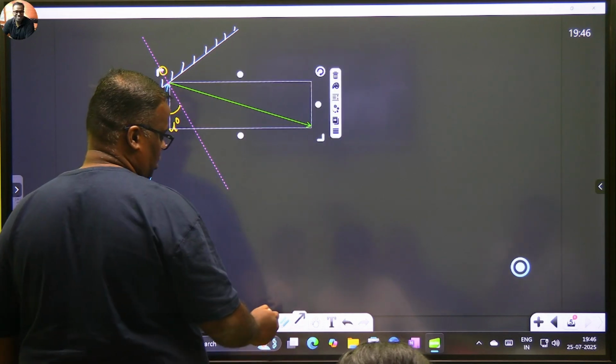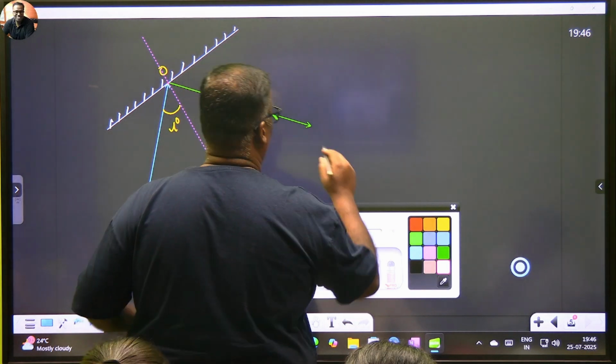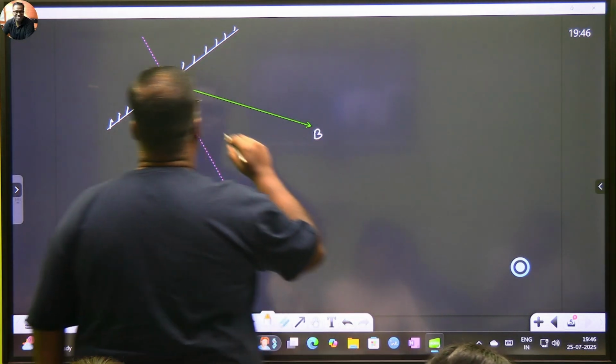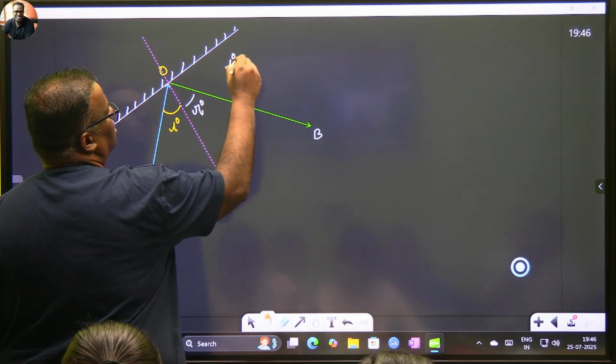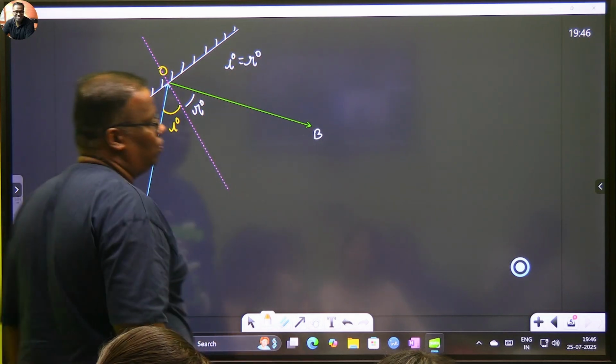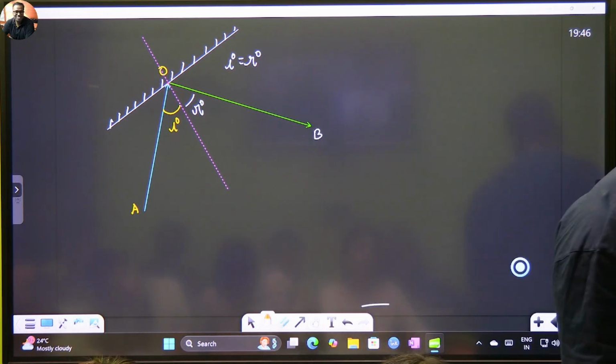So this is AO and this is OB. So this is my R, and we say I is always equal to R. This is the first law of reflection. Based on this knowledge, can you now take up question number 6 and try to solve it?